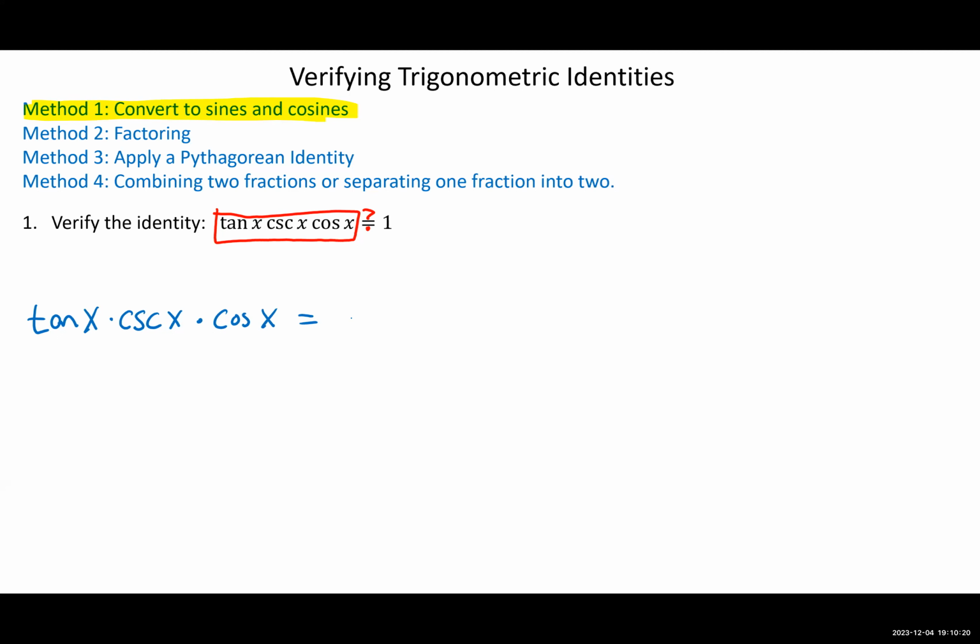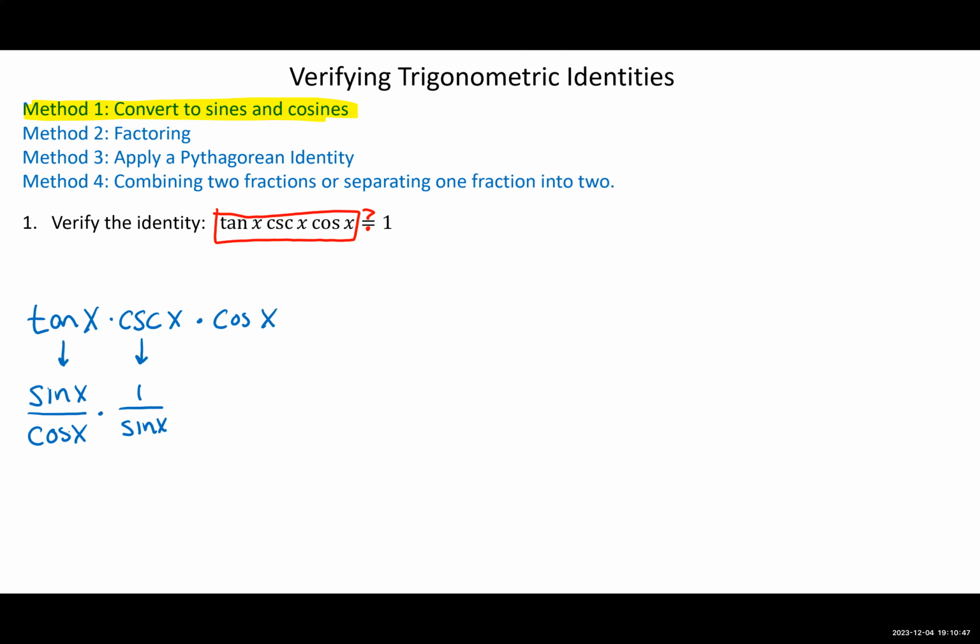Well, tangent. And you know what? I'm going to work down. Tangent is equal to the sine of x over the cosine of x. Right? Quotient identity. Cosecant of x is equal to 1 over the sine of x. Reciprocal identity.